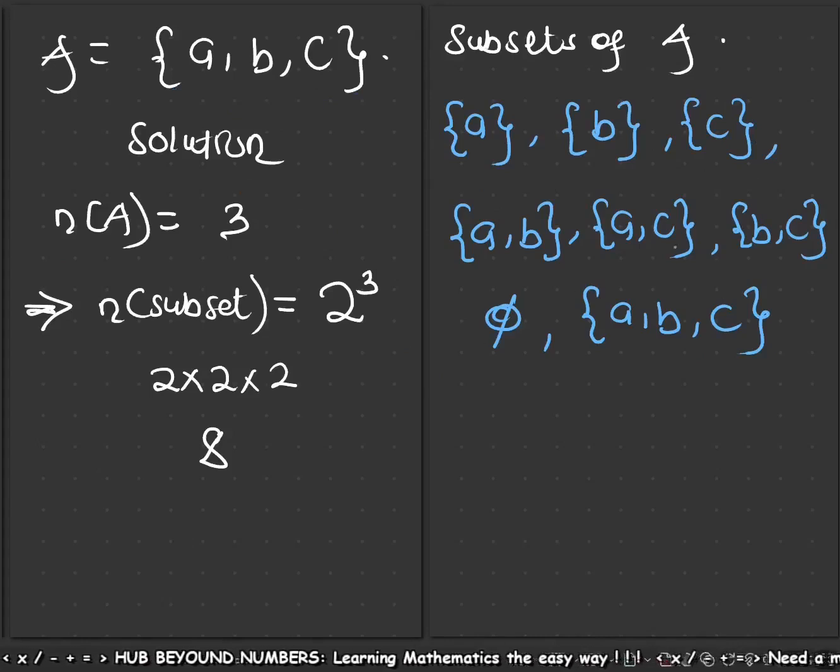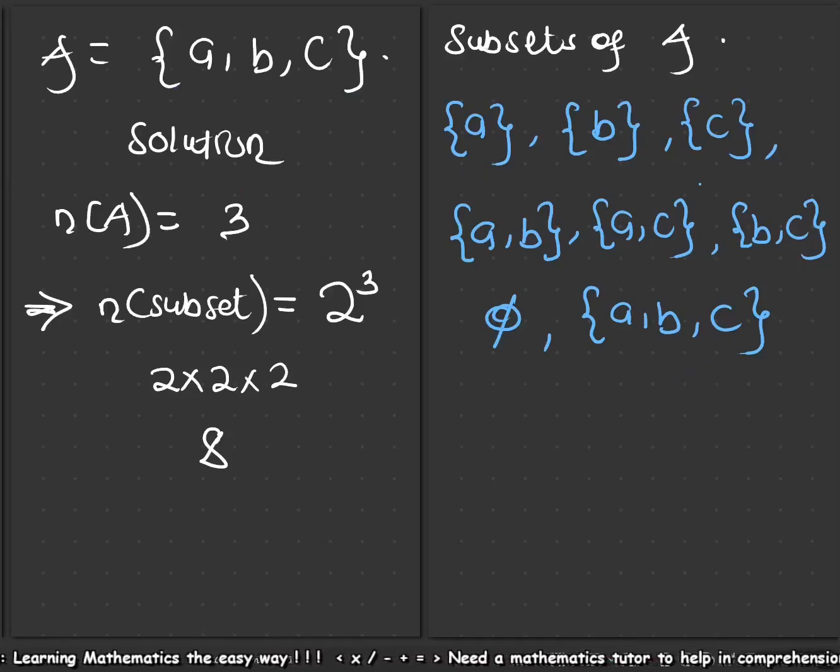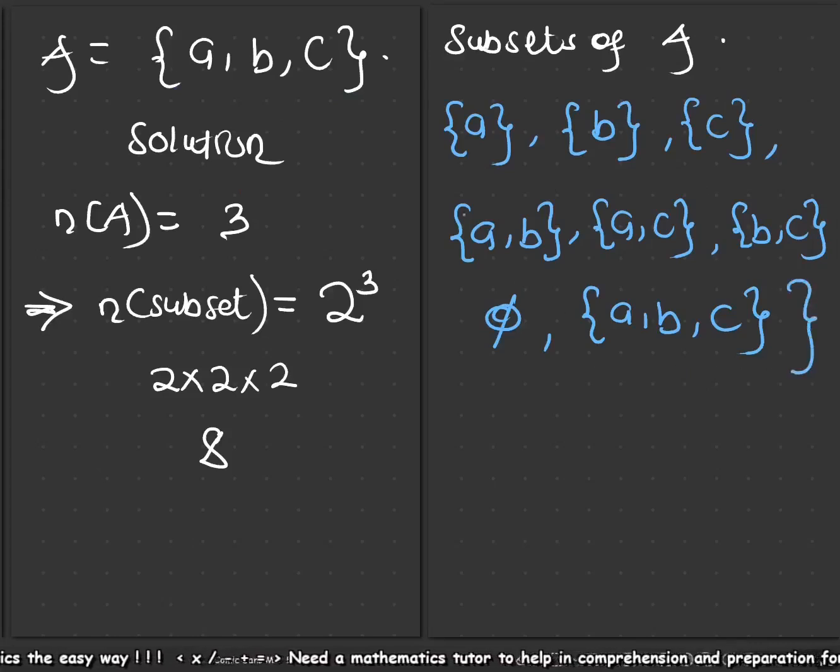Now, if we list all these subsets as a set on its own, take note of how I listed them. I just wrote them with just a comma. But if I put another curly bracket here, you see, that is a set that contains the set of all subsets. Then we call that a power set.